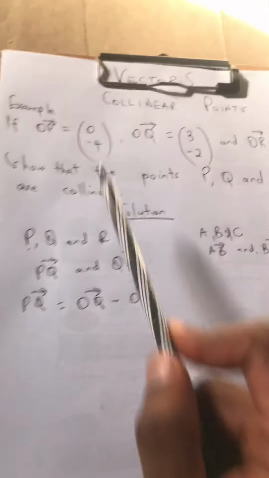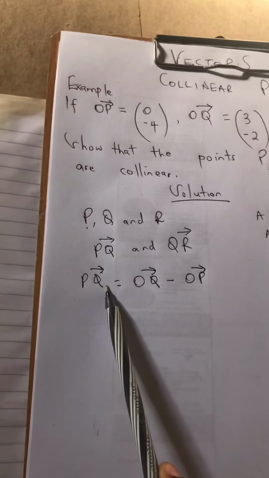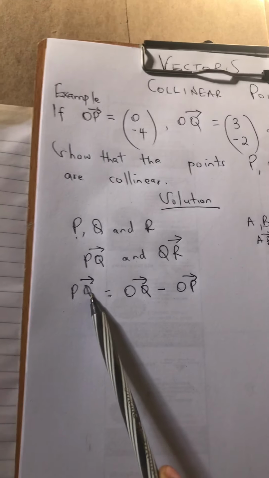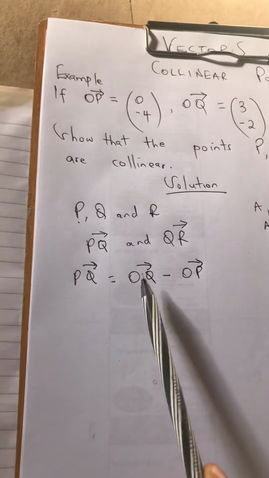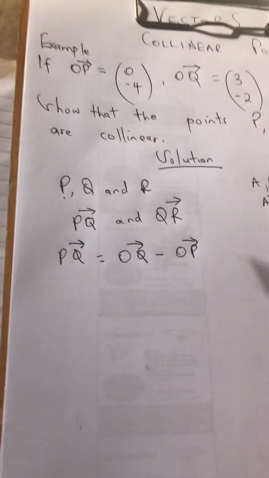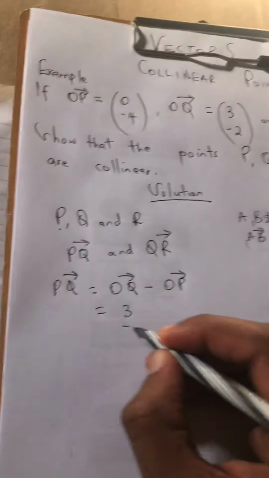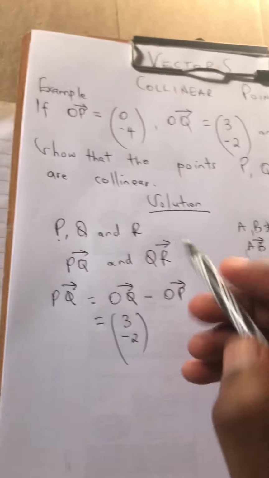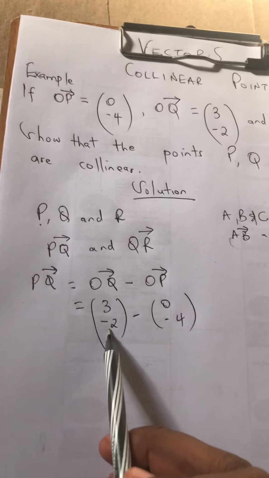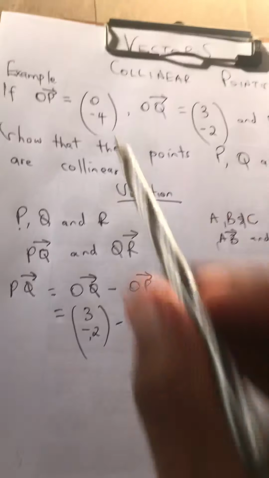Ukiwa umepewa point OP na umepewa point OQ na unaulizwa utafute PQ, all you do is say OQ minus OP, and you'll be able to find PQ. Therefore, OQ, my dear friends, is (3, -2), and OP is (0, -4). So it is OQ, which is (3, -2), minus OP, which is (0, -4).